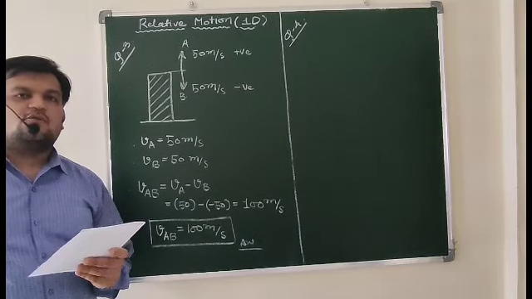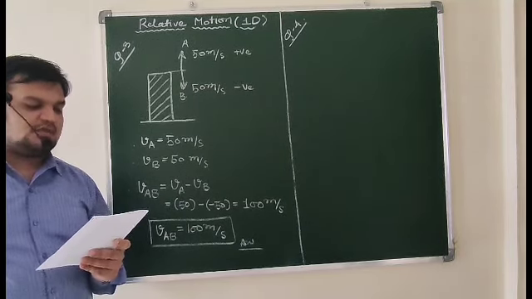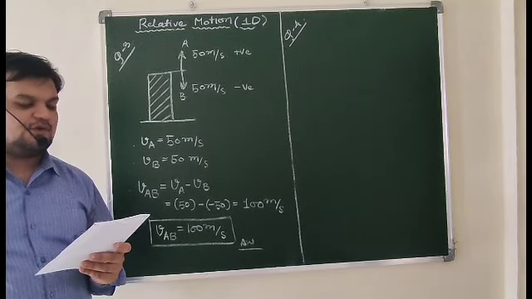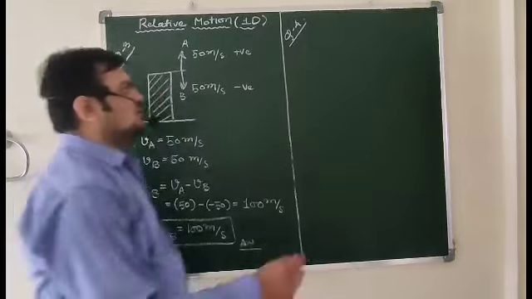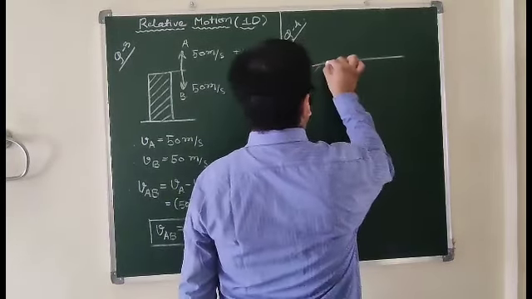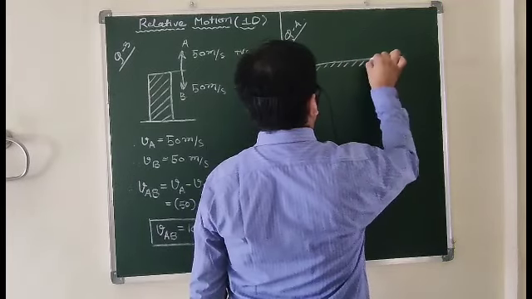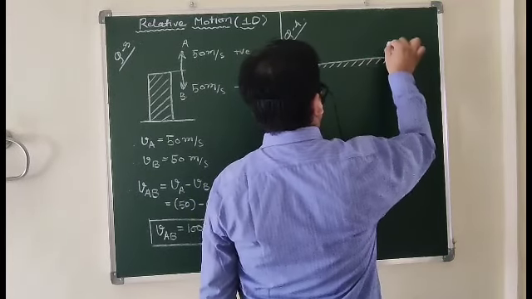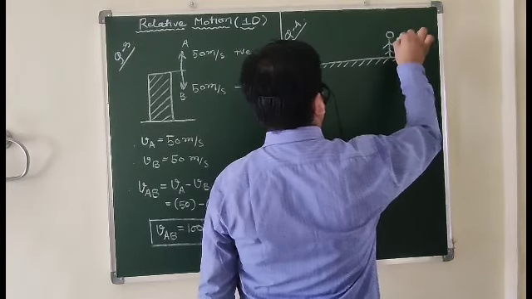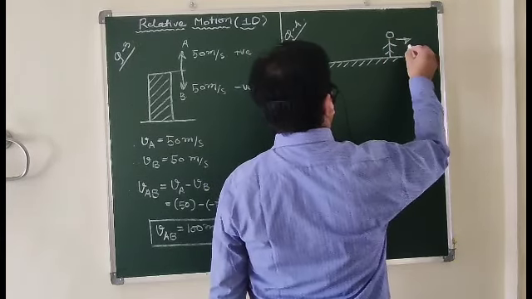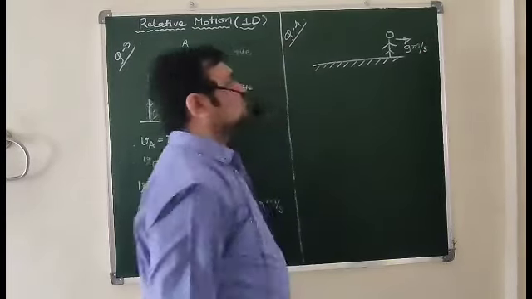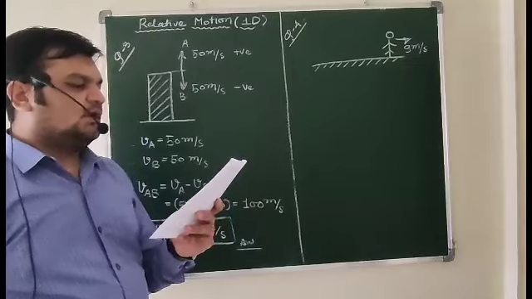So now, from the first sentence, a thief is running away on a straight road with a speed of 9 meter per second. So here, this is a straight road. A thief is running away with 9 meter per second.